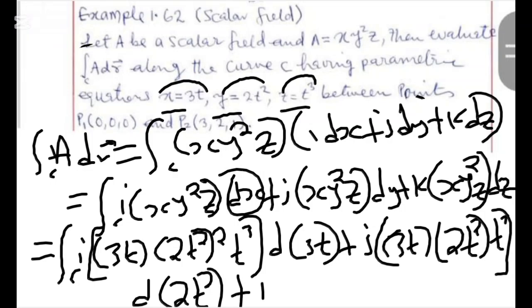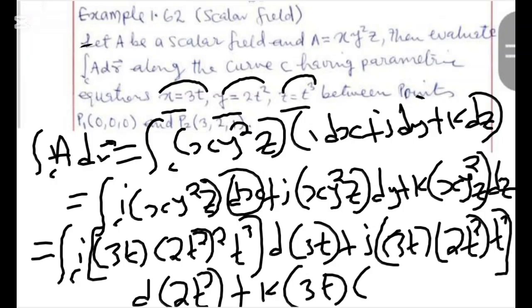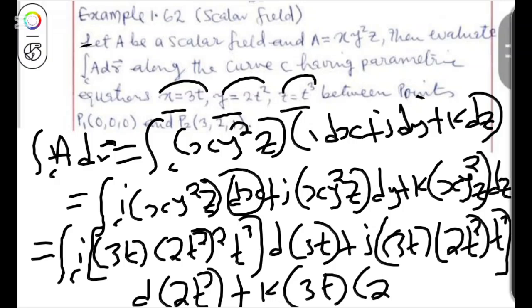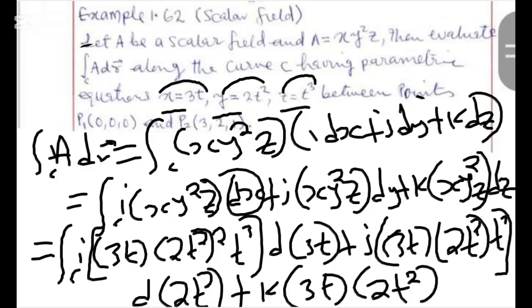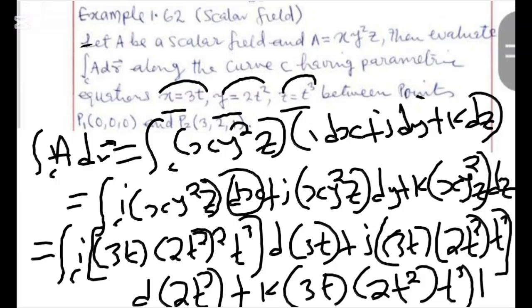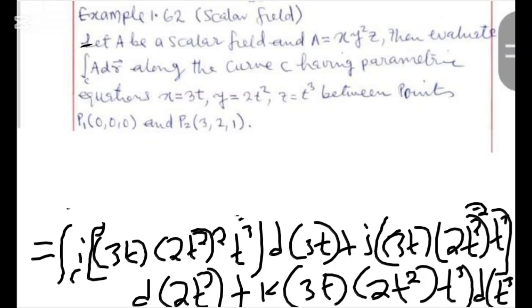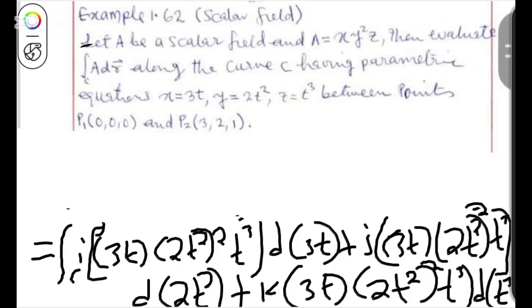So therefore, plus for the k, which is 3t, then I will also have 2t squared, t to the power 3, and I'll have dz, the differential of z, which is t cubed. I hope you get everything. Don't forget I have squared here and also I have squared here.